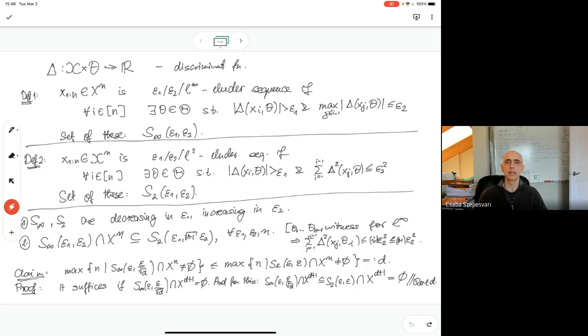The largest value that I can take is n minus 1. Okay, so that's just a simple observation.